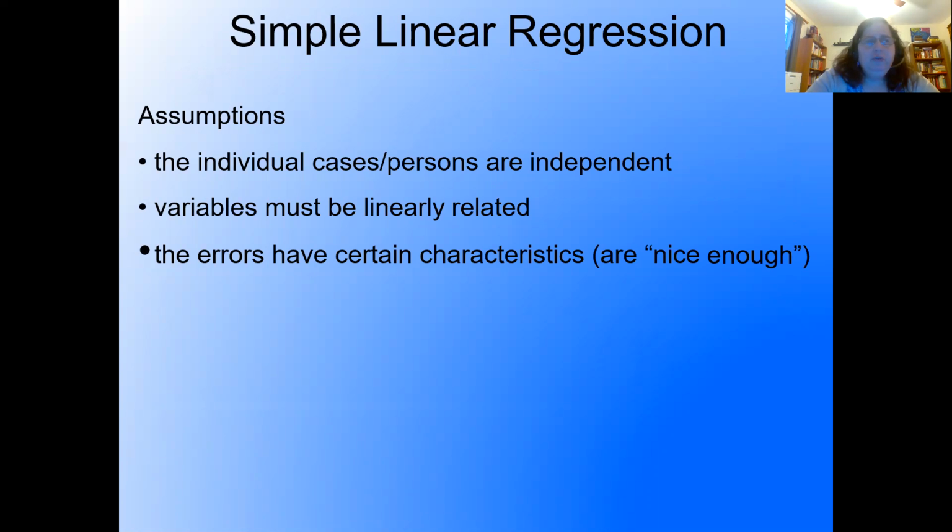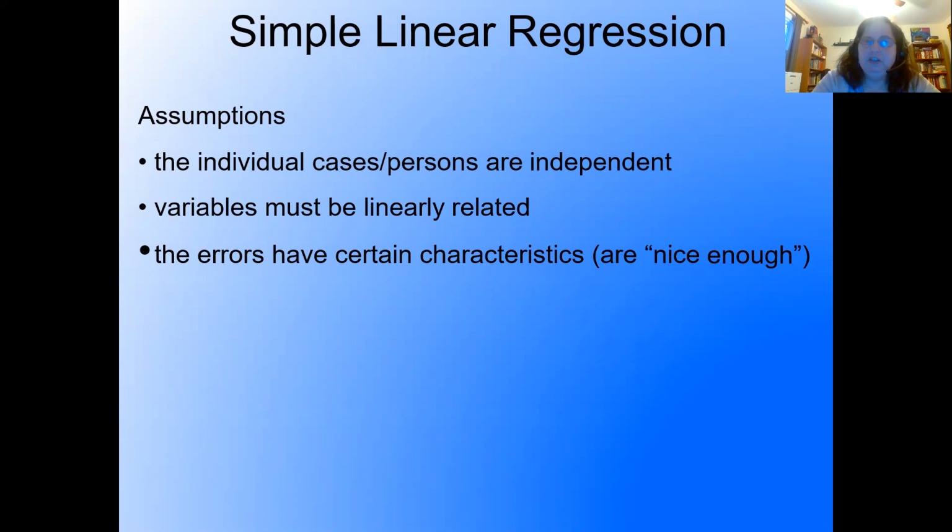So now let's talk through the assumptions of simple linear regression. And as I promised, they are very similar to correlation. Not the same, but similar. First of all, the individual cases or persons have to be independent of each other. Same as correlation. The variables must be linearly related. Same as correlation.